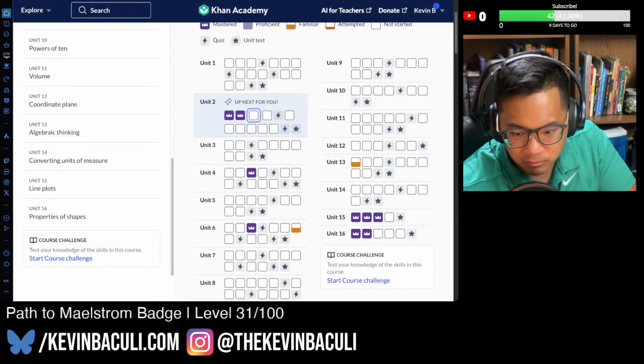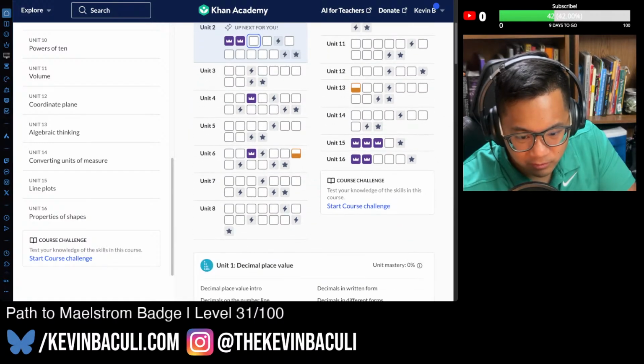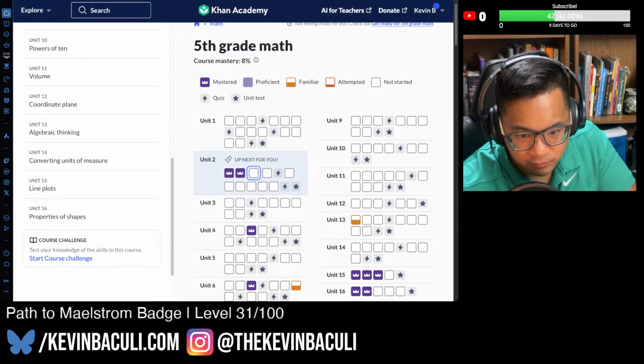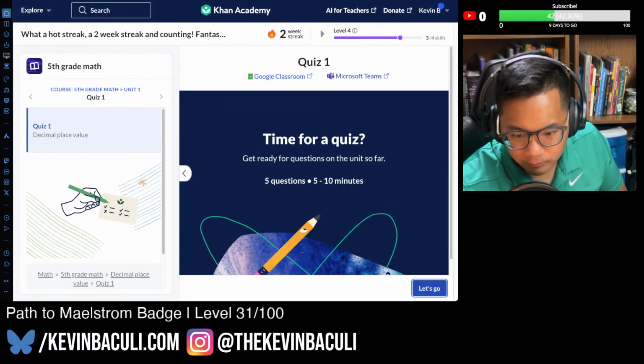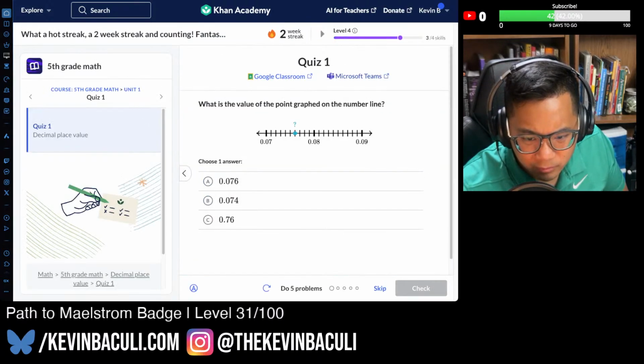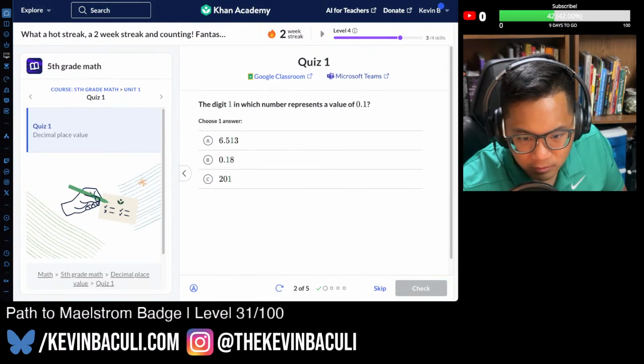So let's see which one's the longest. That has like the most. Unit 1. So for example, what's the value? 0.7, 1, 2, 3, 4, 5, 6. Represents the value of this one.